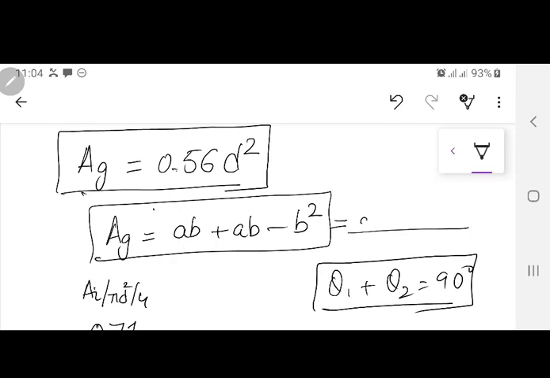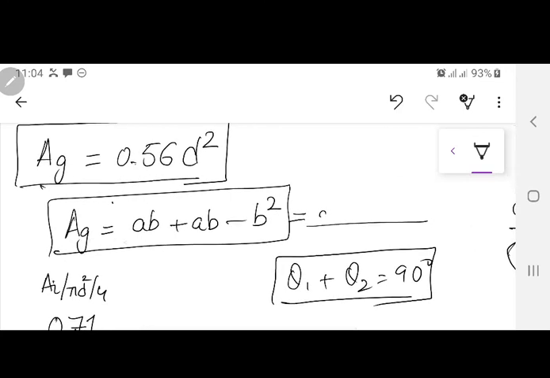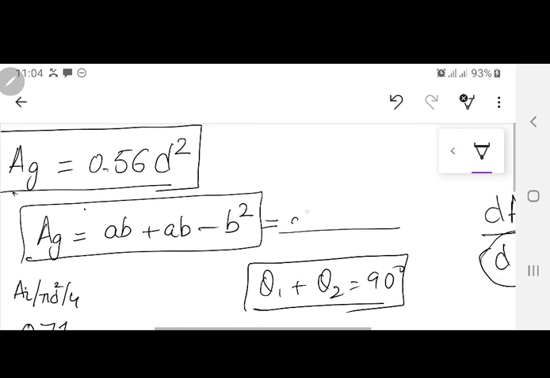For a 2-step core, I am not going to do it here, the gross area comes out to be 0.618 D square, by doing all that calculation, equating to 0 and so on.